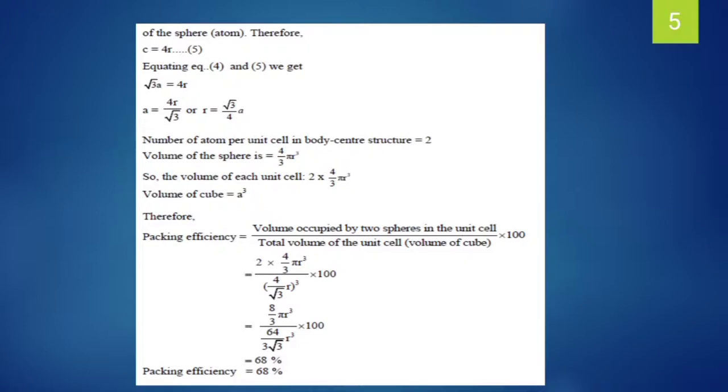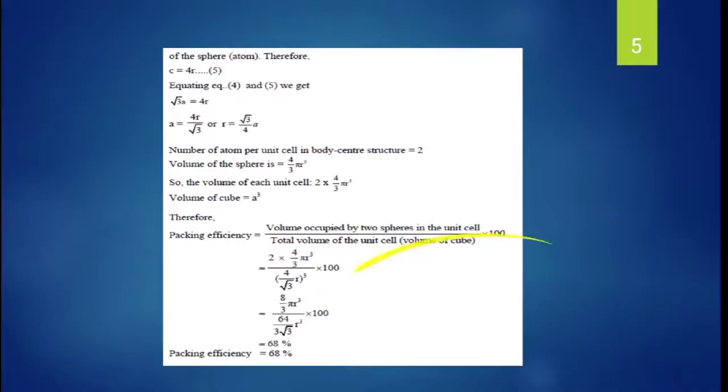Let us substitute 2 into 4 by 3 pi r cube, that is the volume of two spheres, divided by the total volume of the unit cell, which is (4 by square root of 3 r) whole cube, into 100. By simplifying, we get packing efficiency equal to 68%.